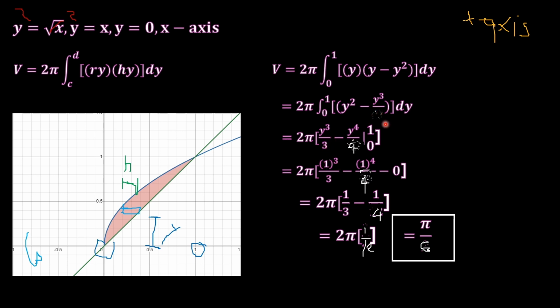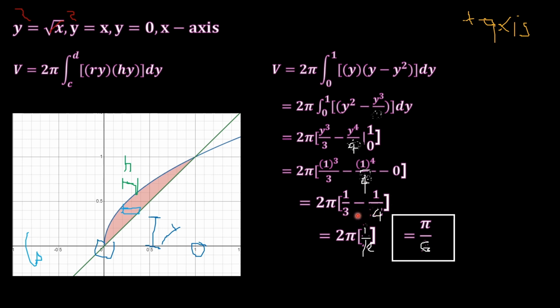So the integral of y squared is y cubed over 3, and the integral of y cubed is y to the fourth over 4, not 12. Sorry, I messed it up. So again, we will just be substituting the limits here in the y's. This becomes instantly 0, and this becomes essentially just 1/3 subtracted by 1/4.